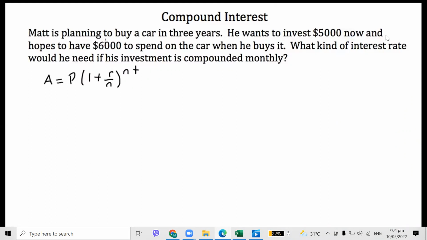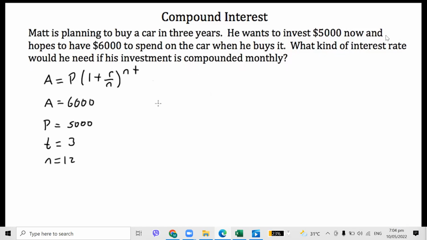Here we know what our final amount is. A is 6,000. Our initial investment P is 5,000. And we know our time, t, that's 3 years. And we're compounding monthly, so n is equal to 12.